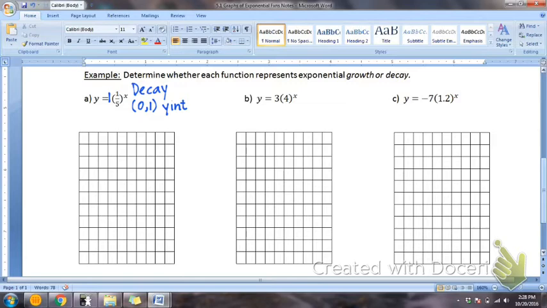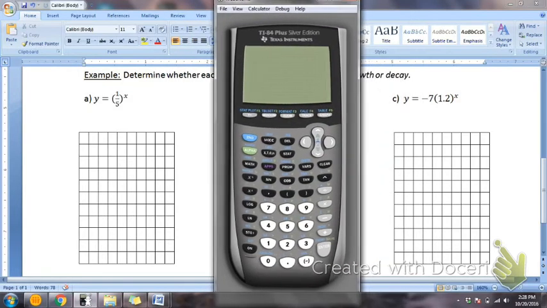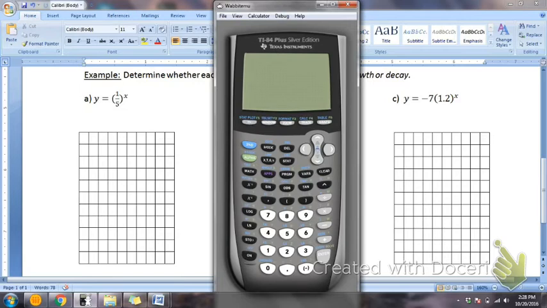Now we're going to create a table of values. So get your calculator out. And we're going to go to y equals. Does anyone know how to put in 1/5 to the x power? 1 divided by 5. Okay, but if you do 1 divided by 5 and then raise it to an x, that means that it's only going to raise the 5 to the x.